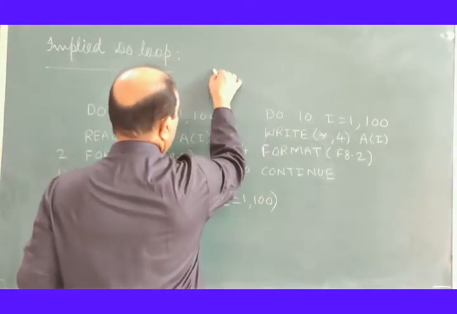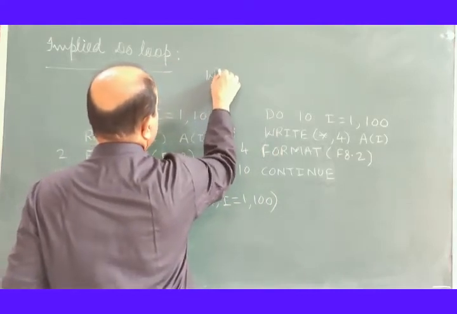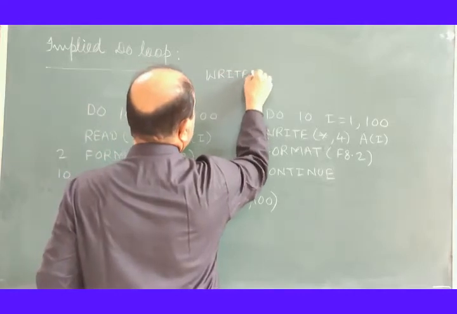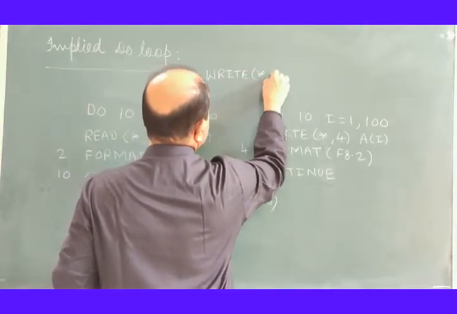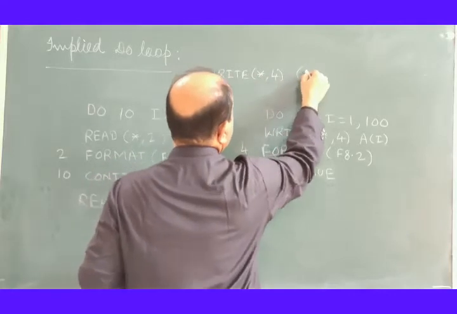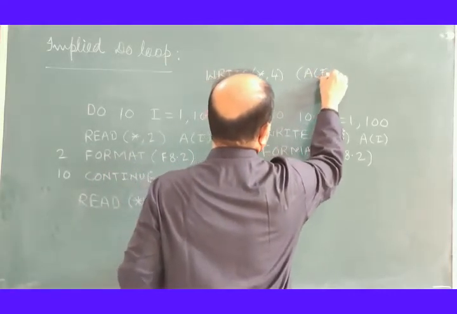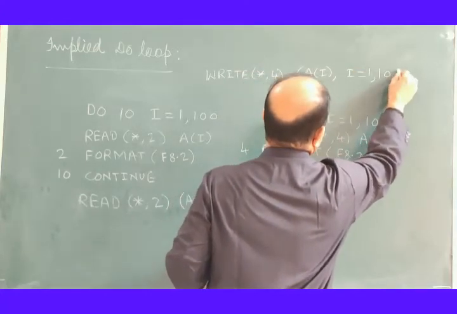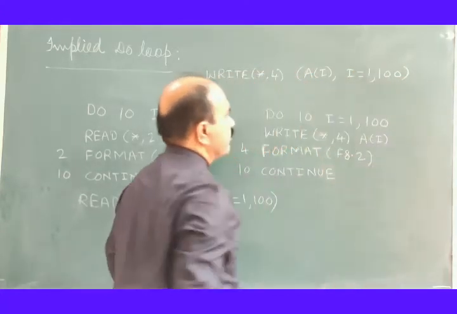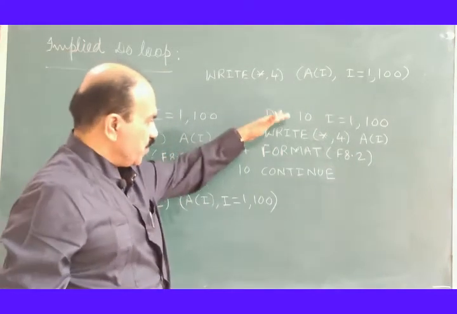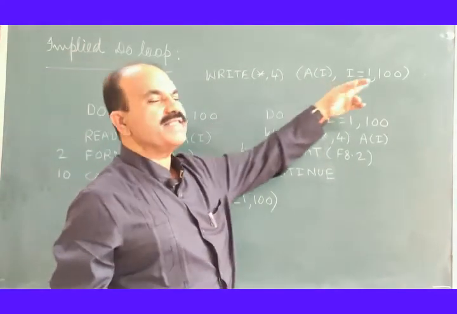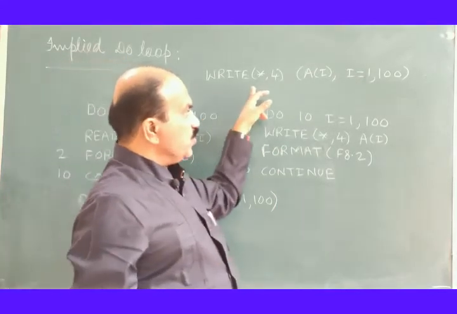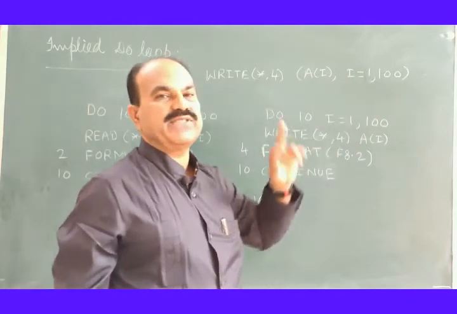The implied do loop for writing or printing of an array will be this. This whole program is simply replaced by this statement. Search the word do in this statement.